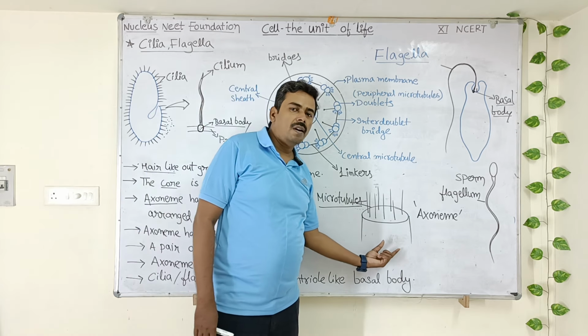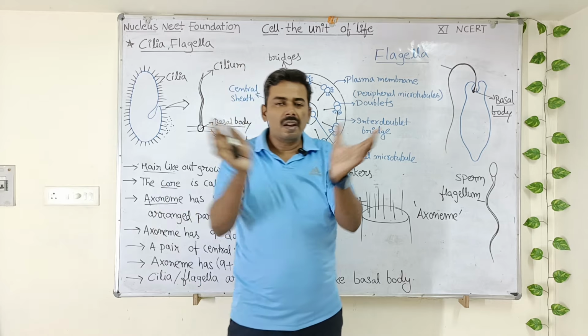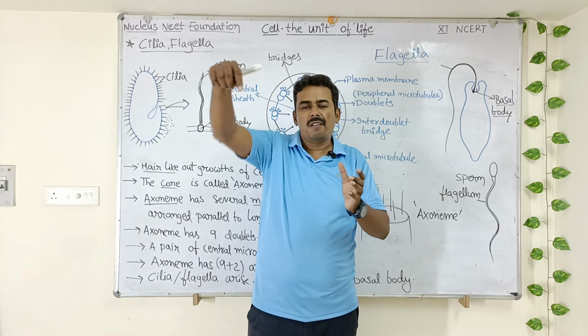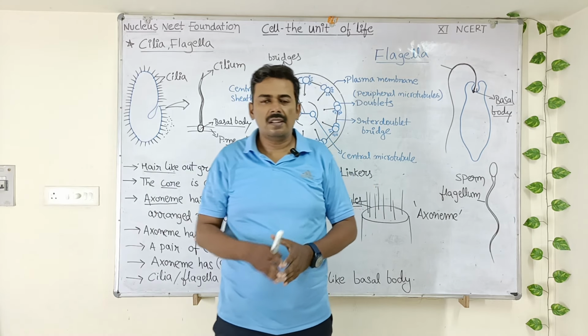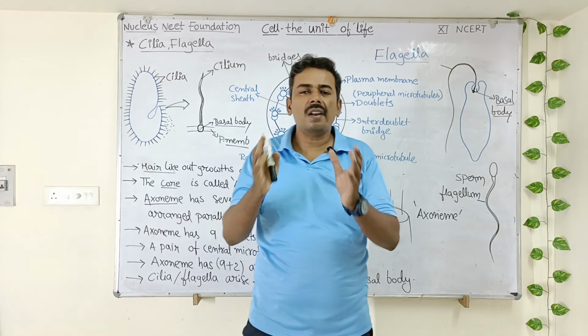The microtubules are elongated filaments arranged parallel to the long axis of cilia and flagella. Imagine this is a concrete pillar column; at the center there will be iron rods placed. Imagine that the microtubules are iron rods in the concrete pillar column.